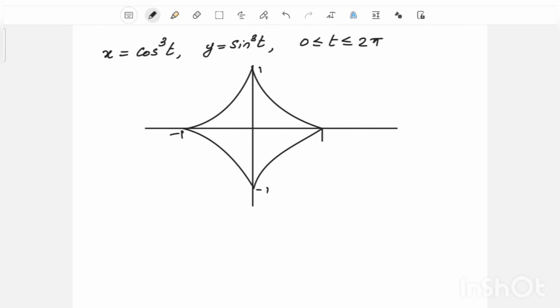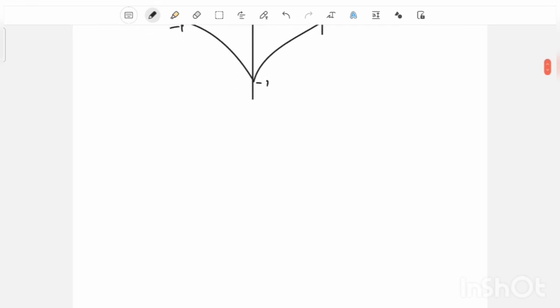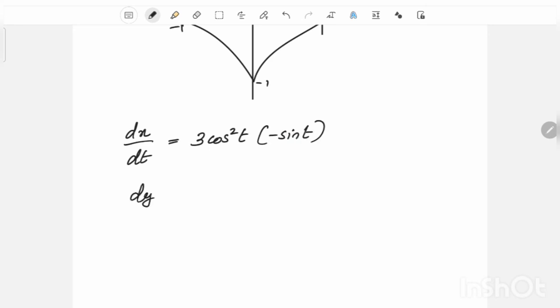So here we are going to find the length in the first quadrant, and to obtain the whole length we multiply this by 4. Now x is equal to cos cube t, therefore dx by dt is equal to 3 cos square t times minus sin t, and dy by dt is equal to 3 sin square t cos t.